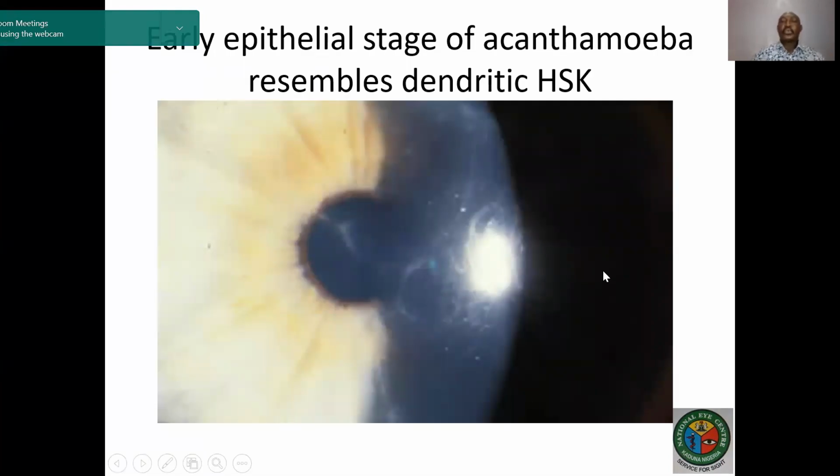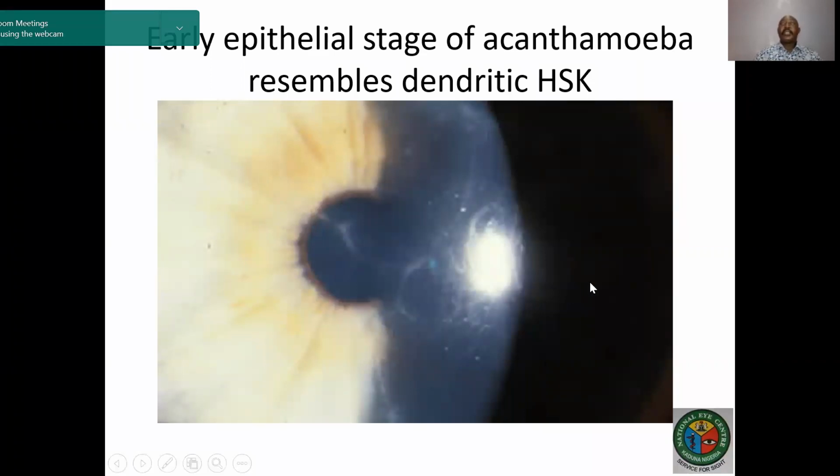We have tried to give some typical presentations of some ulcers before now. But like we said, clinical assessment alone cannot 100% help us diagnose corneal ulcers.